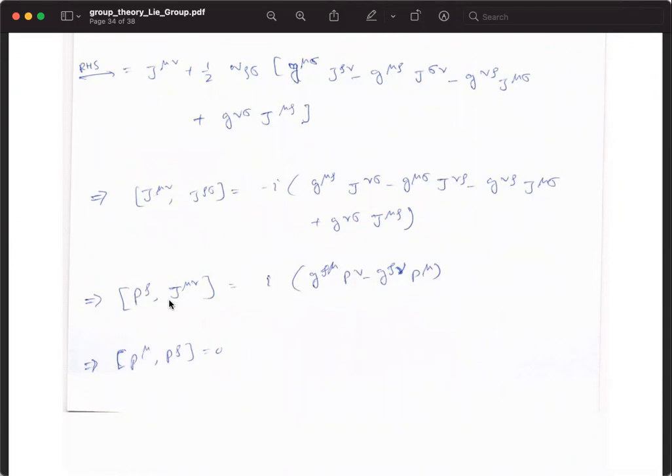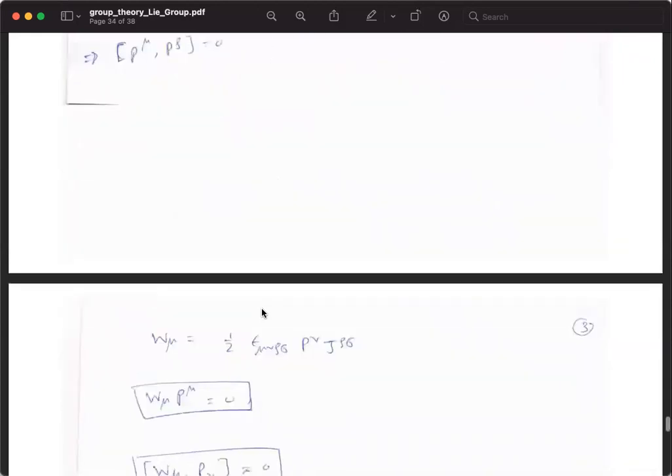So you can see that they do not commute, but P mu and P rho commute. So the translation generators commute among themselves, but the rotation and the translation do not commute. That means if you perform the translation and then the rotation, or vice versa, they do not signify the same thing.